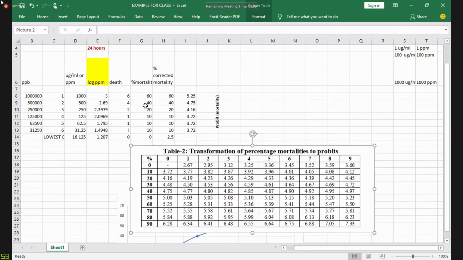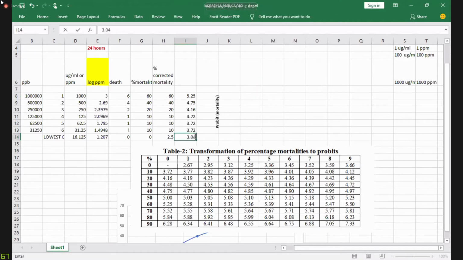So for 60%, 40%, 20%, you don't have to correct the percentage of mortality, but for 0%, if it's 10 animals per group, you have to convert it or correct it to 2.5% that I have shown you earlier. So it's equivalent to 3.04.